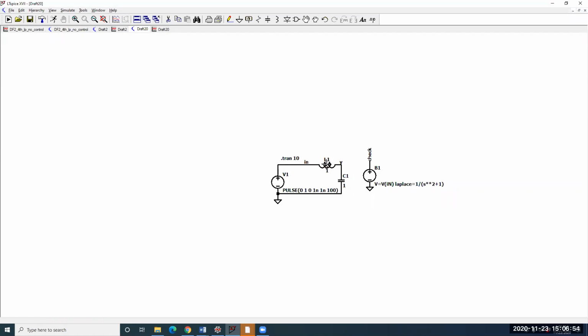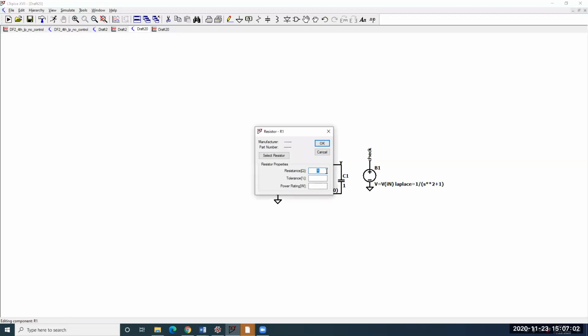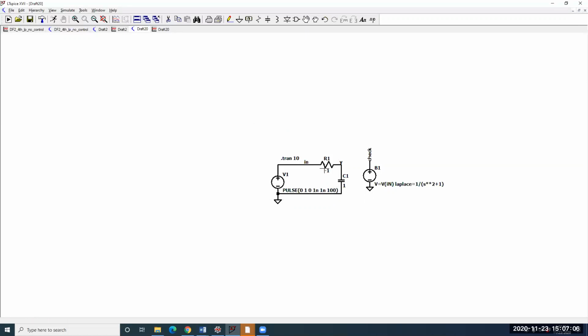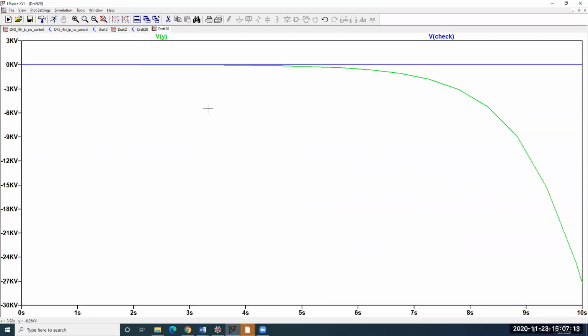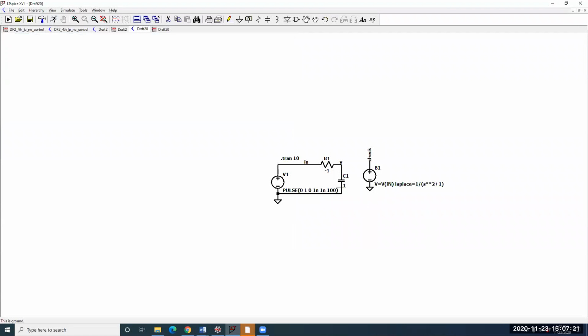So what if we actually had a pole on the right-hand side? Well, I can actually put -1 here, right? V check just stays flat, but notice we have exponential increase, right?